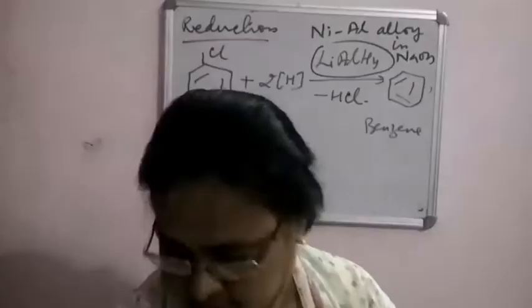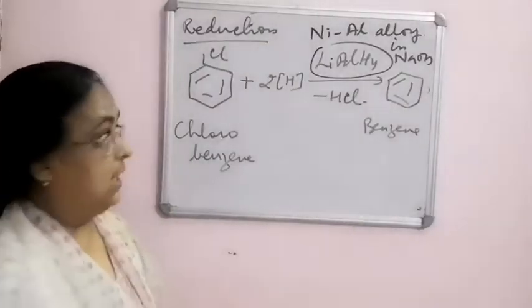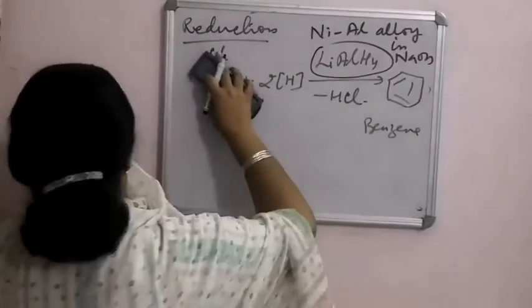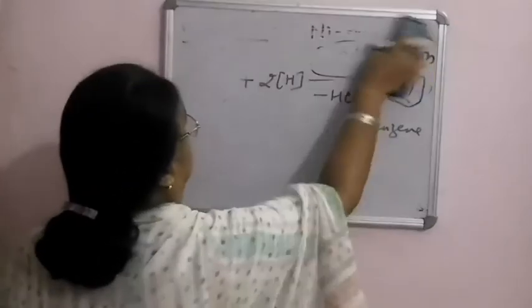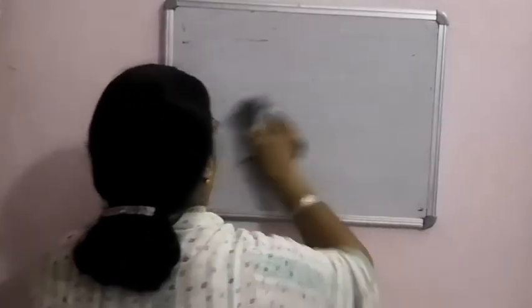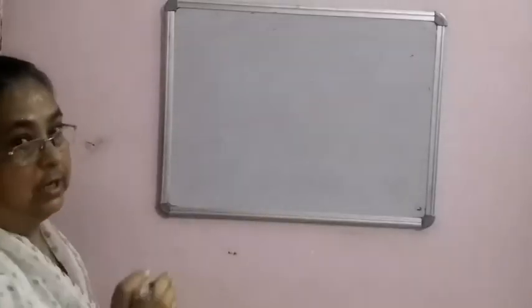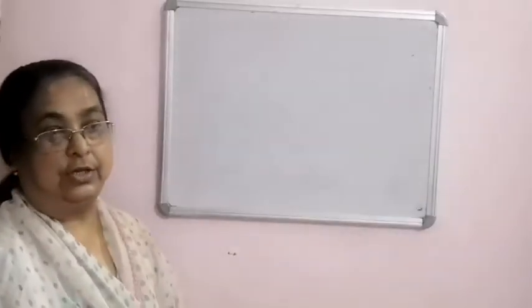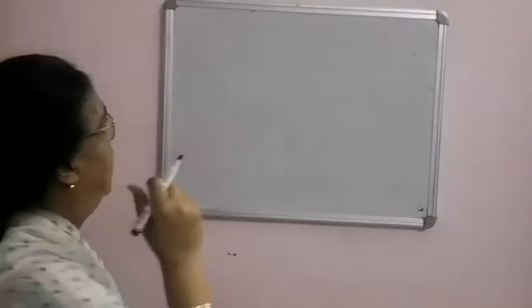The next reaction is the Fittig reaction, a name reaction, which is important. Last time I told you, students, to make a notebook and keep writing all the named reactions you come across, the full named reaction.